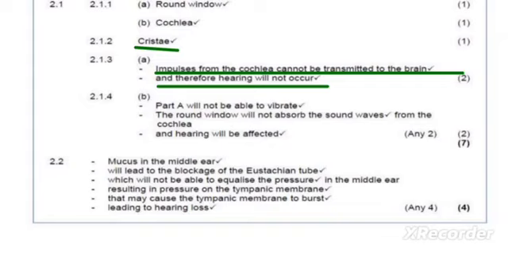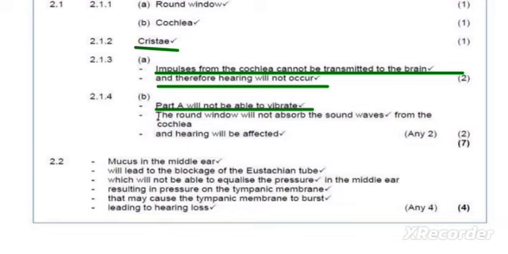Because it is hardened, you tell the examiner that those functions will not be able to be performed. So part A will not be able to vibrate, or you can say the round window will not be able to vibrate. The round window will not be able to absorb the sound waves from the cochlea, and hearing will be affected. That is all.